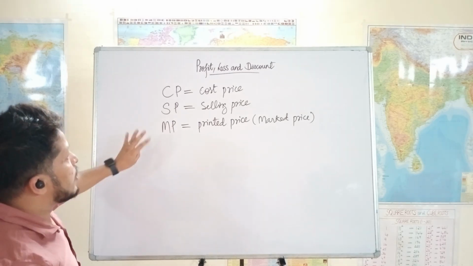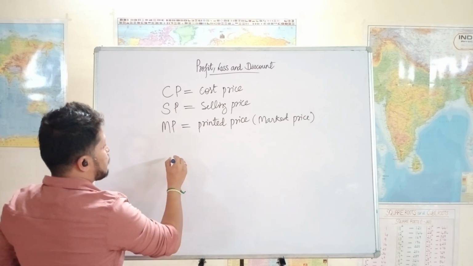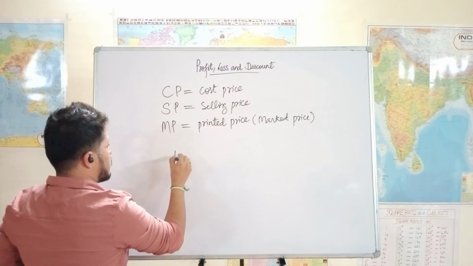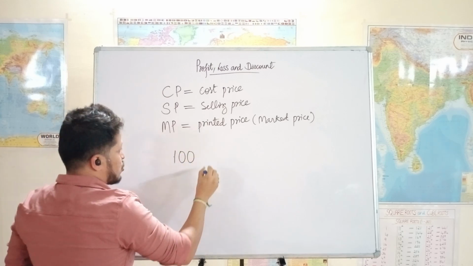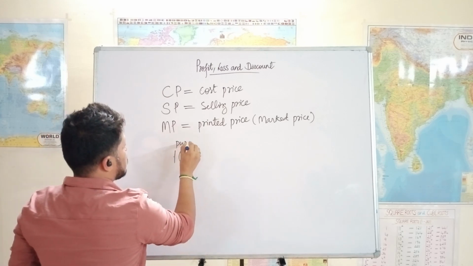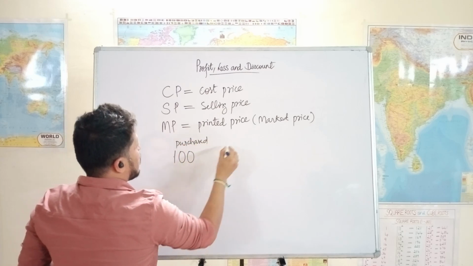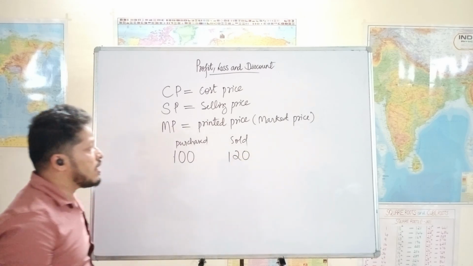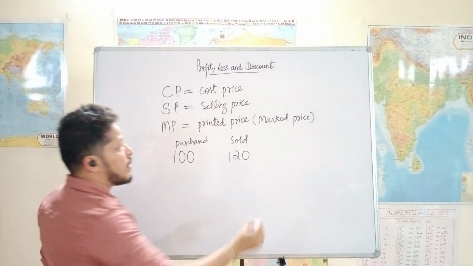Now let's say you bought some article at 100 rupees and sold it at 120 rupees. Then how much profit did you make? 20 rupees, right?